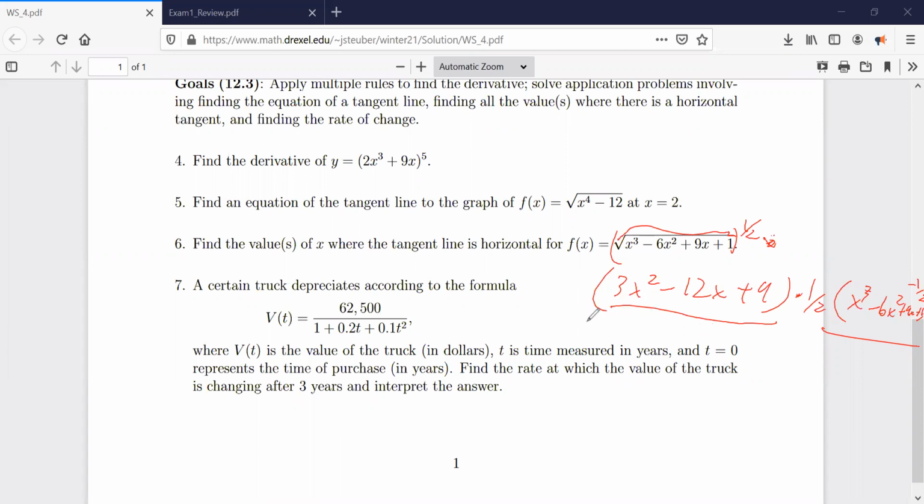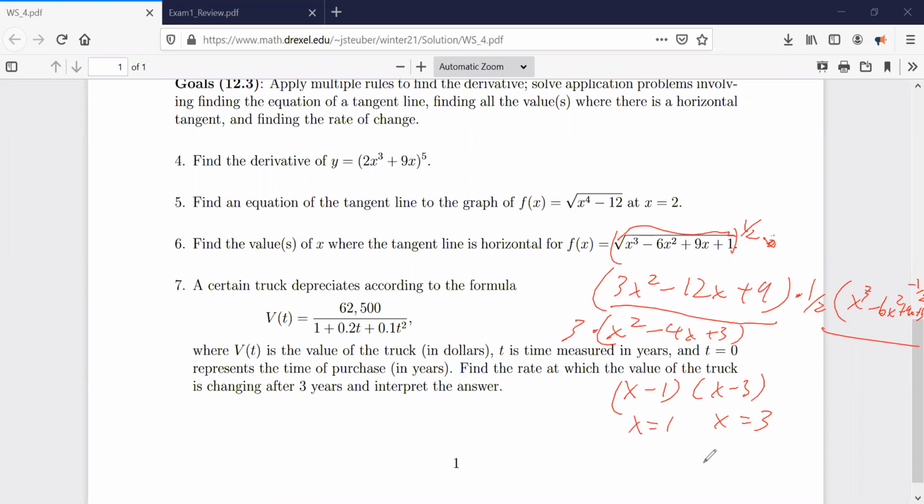First thing I'm going to do is pull out a 3 from that whole thing. So this is 3 times x squared minus 4x plus 3. That factors into x minus 1 and x minus 3. And that happens when x is equal to 1 and x is equal to 3. Does that make sense to people?